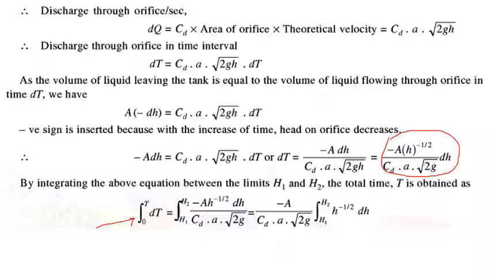So integrating dt from 0 to T, and on the right side we have the limits h1 to h2. Integrating the right hand side we get minus A divided by CD into a into square root of 2g. These were constants. Then the integral from h1 to h2 of h raised to minus 1 by 2 into dh.